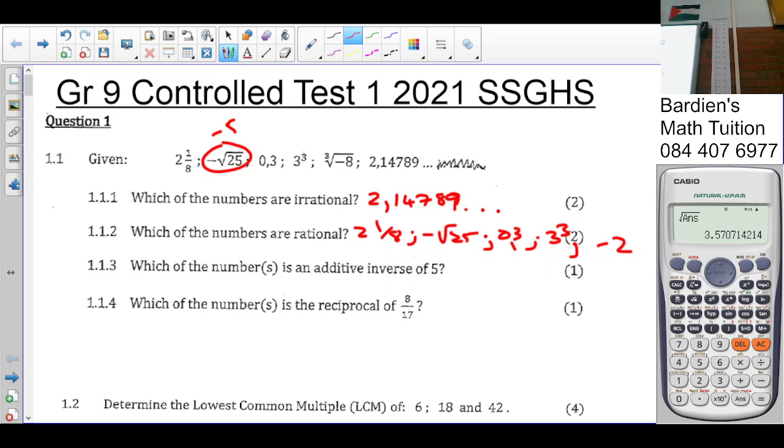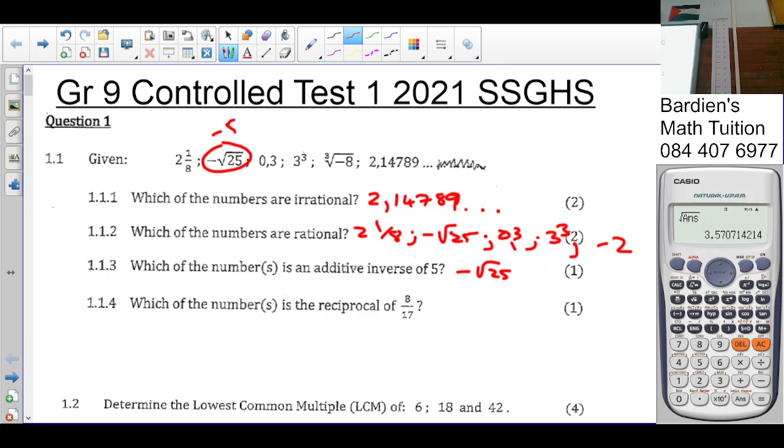The next question says, which of the number or numbers is an additive inverse of 5? What does additive inverse mean? When we add them together, you must get an answer of 0. So the additive inverse of 5 is negative 5. So it's negative root 25. Which of these numbers is a reciprocal? What's a reciprocal?